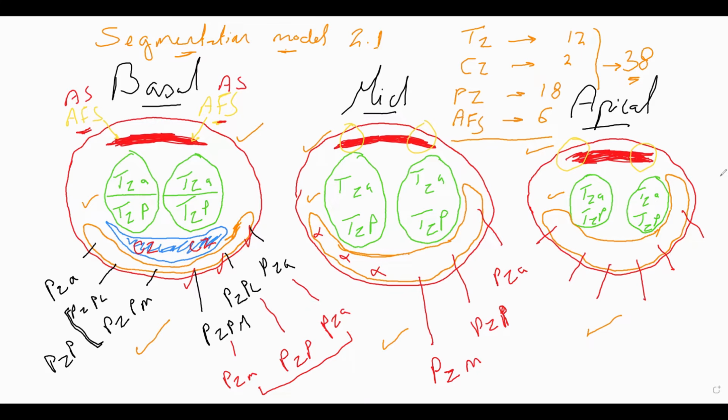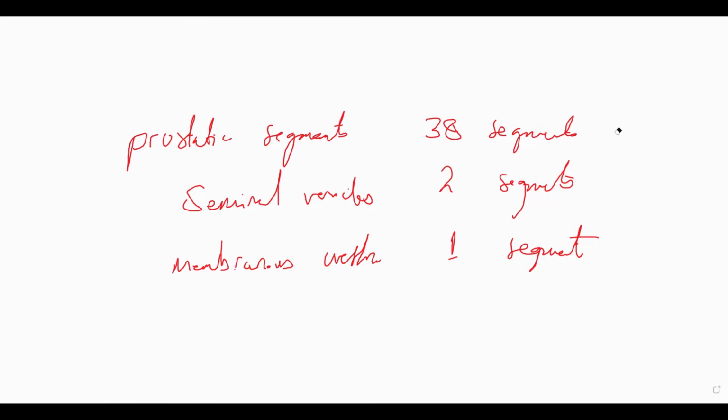At the center between the transitional zone here and here, the prostatic urethra is surrounded by periurethral tissue related to the transitional zone. So as we said before, we have 38 segments for the prostate.